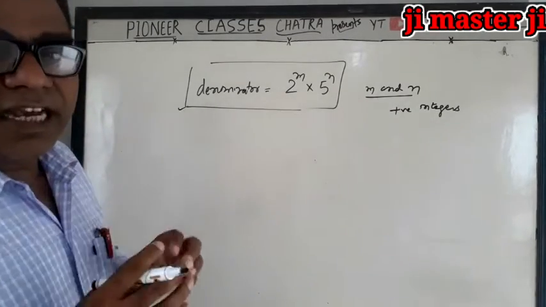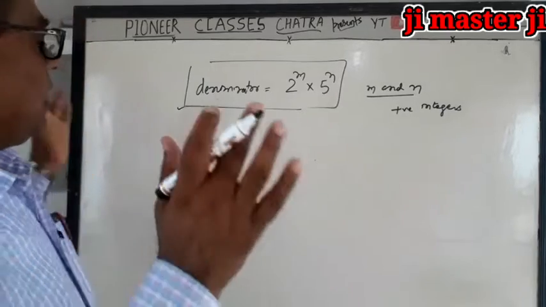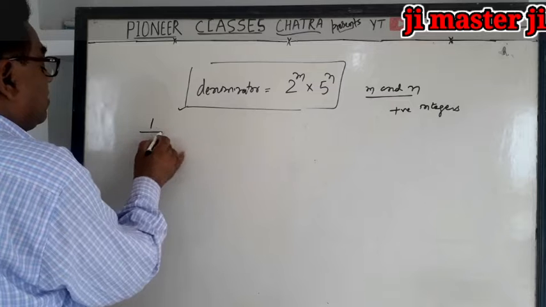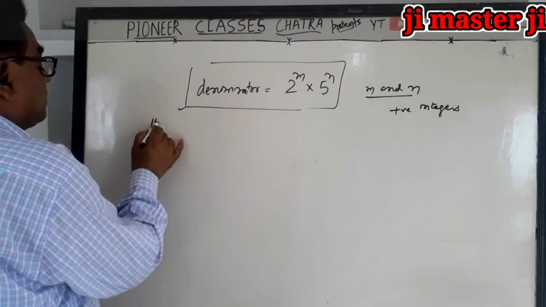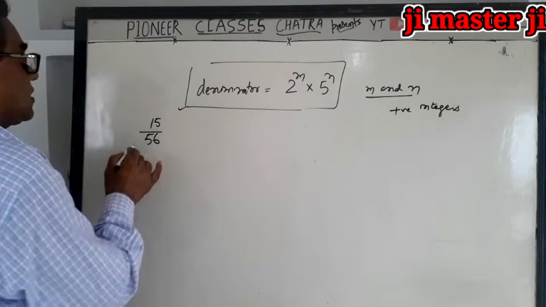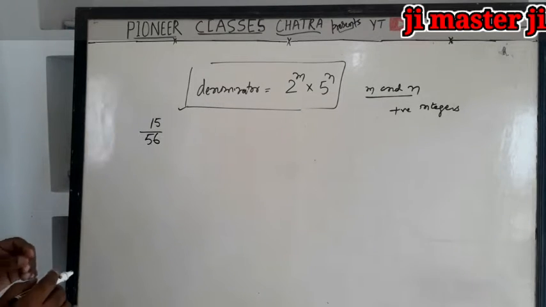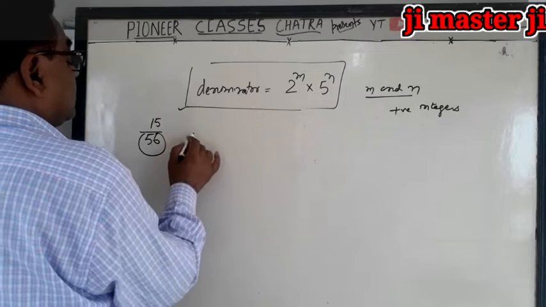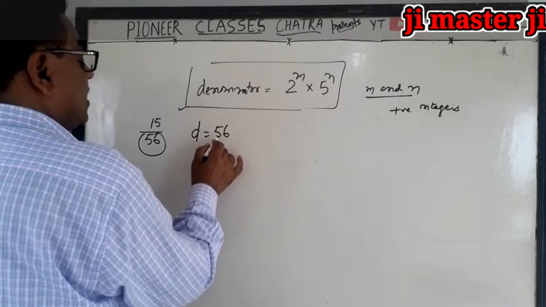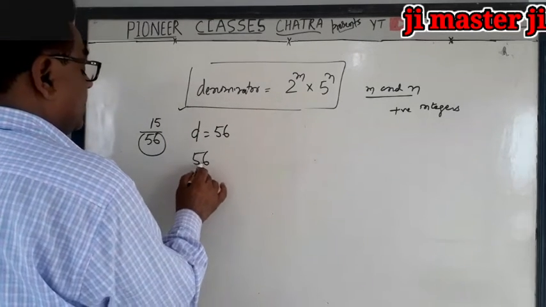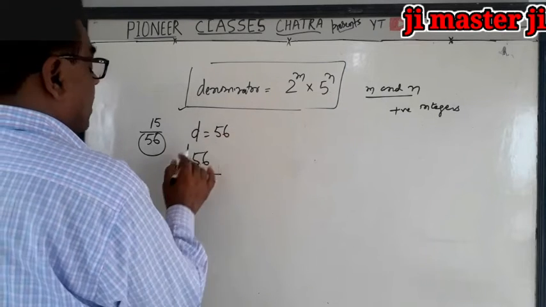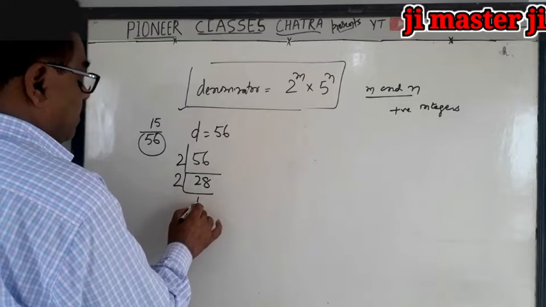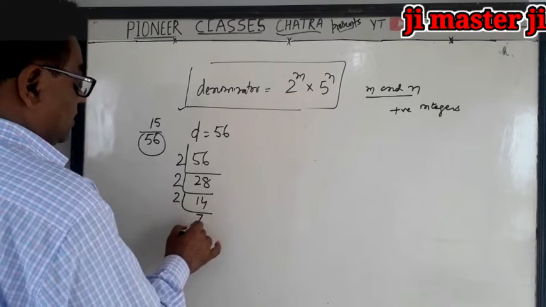Let us take another example. So this is 15 by 56. What can we say about this number? What is the denominator? The denominator is 56 and we can express 56 as prime factors. This is 28, and by 2 we get 14, again by 2 we get 7.